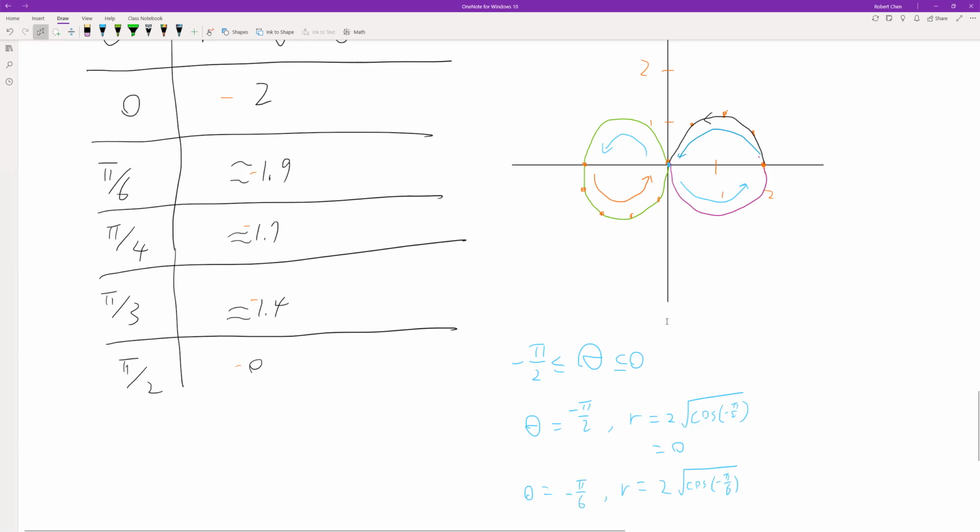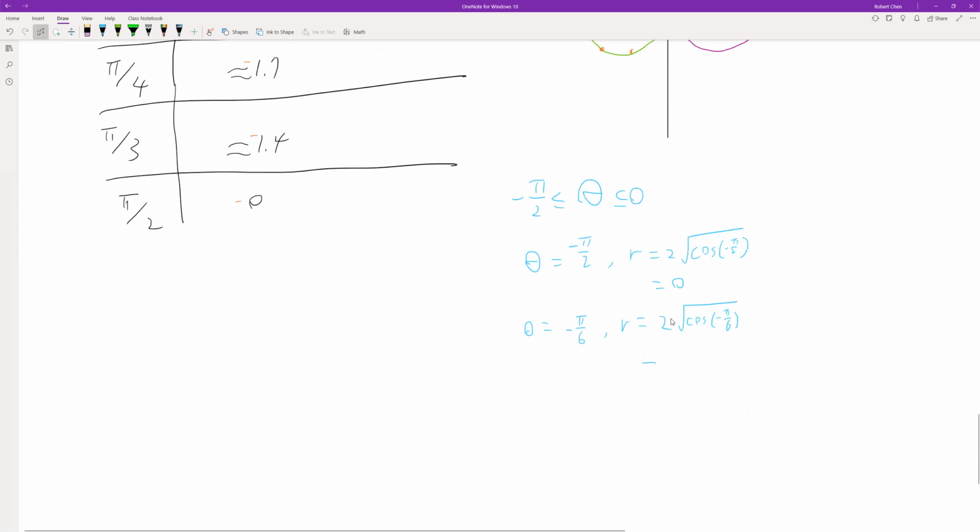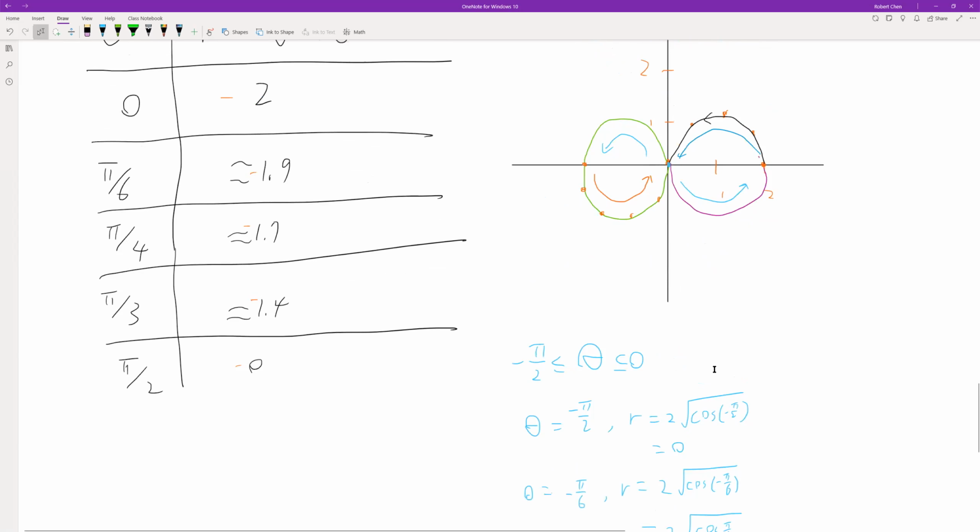And we know cosine is even. So this is actually equal to 2 times cosine of pi over 6. And from earlier, we know that this is equal to 1.9, right? So we have negative pi over 6 and 1.9, which is right, pi over 6, 1.9, which is right here, right?